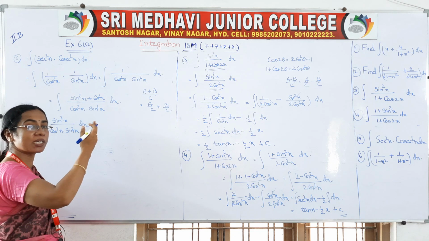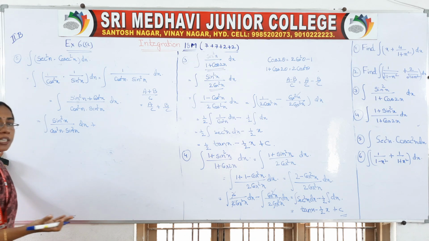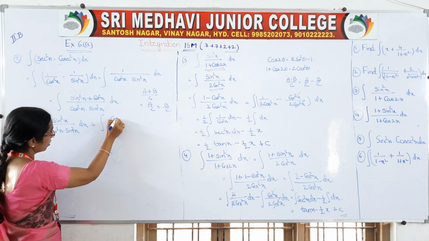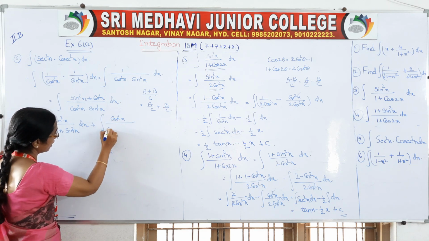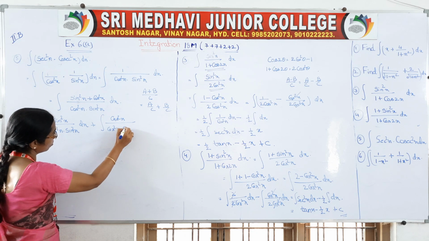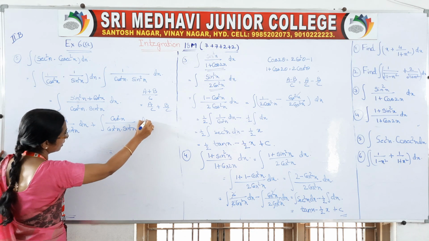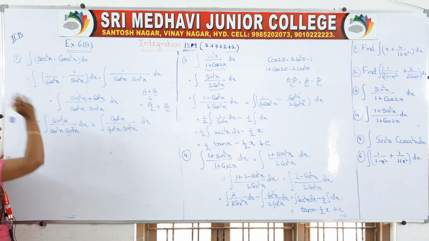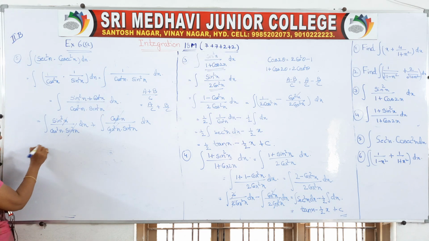Whenever two terms are inside the integral, we can take individual integrations. So plus cos square x by cos square x into sin square x dx. Cos square cancels, and here sin square cancels. So the integral of 1 by cos square x.